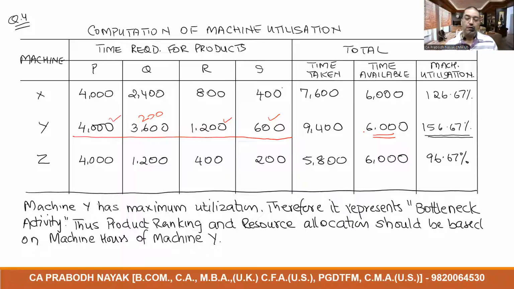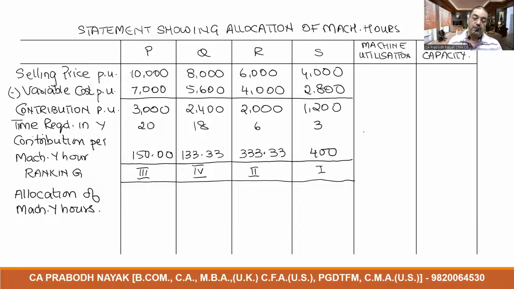Follow? So let us write down that. First I'll write down 600 of S and 1200 of R, 4000 of P, and I will write 6000 in the utilization column now. 6000 hours; 4000, 5200, 5800. 6000 minus 5800 is your balance of 200 hours.